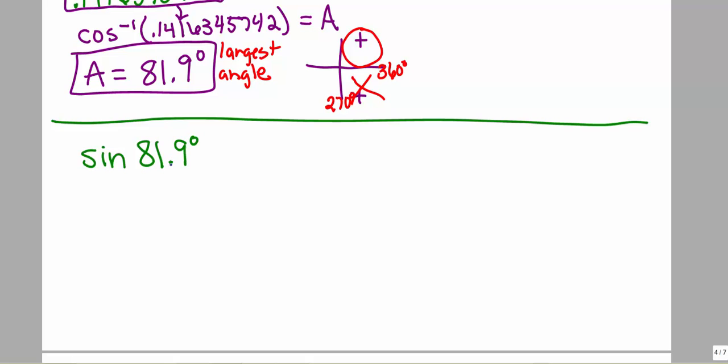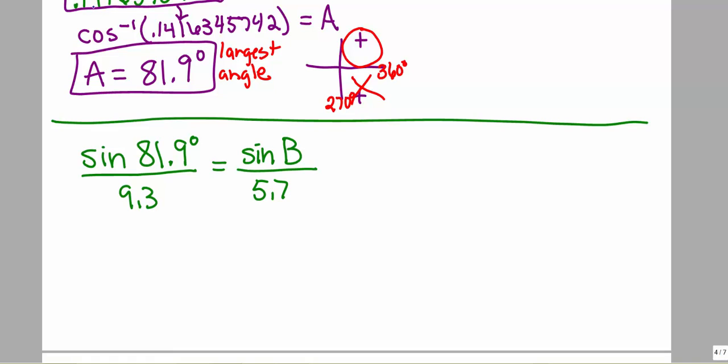the sine of A, so now we know that A is 81.9 degrees. And then we know that side A was 9.3 centimeters. We don't know angle B. And we know, though, that side B was 5.7. So now we can use the law of sines to solve for the other angles.